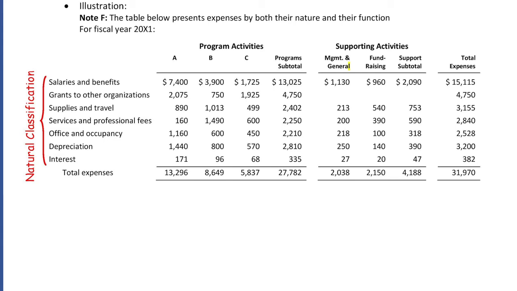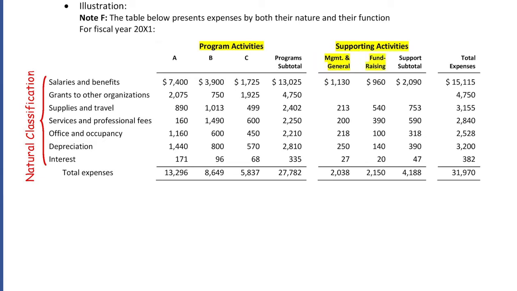Now look at the columns. You've got highlight program activities, so you've got program A, program B, and program C. And then you've got highlight supporting activities, which include highlight management and general and highlight fundraising.